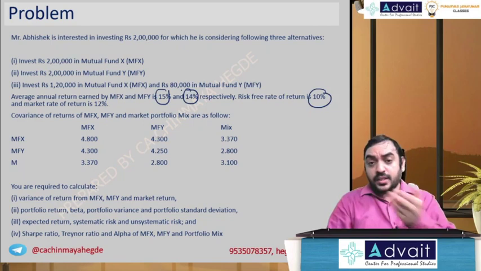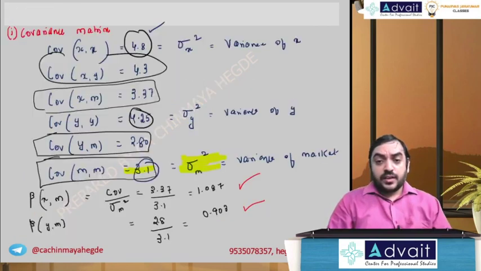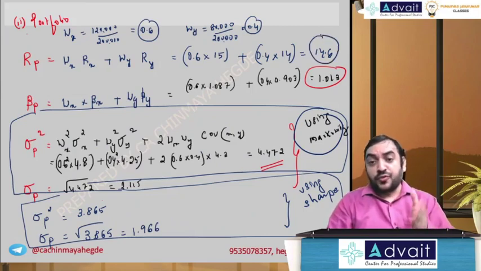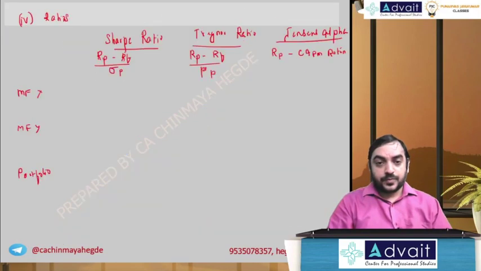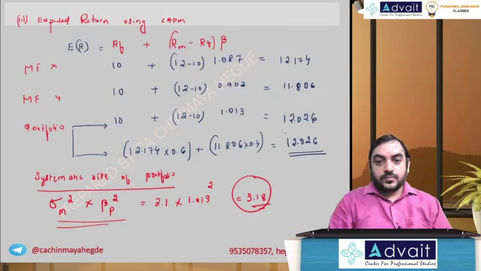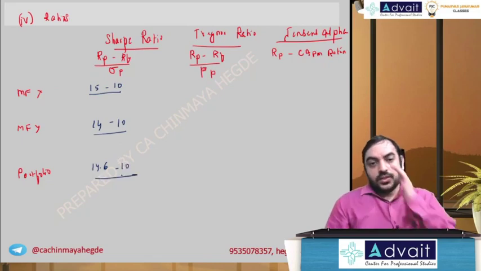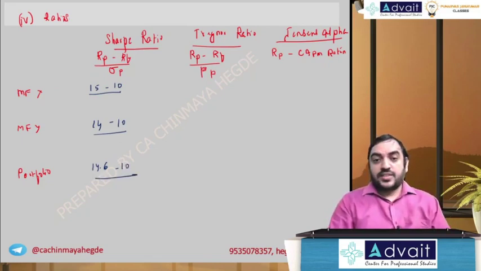So 15 and 14 are the security returns, and the portfolio return we calculated based on the weights is 14.6. Risk-free rate is 10. So this is the risk premium divided by standard deviation.